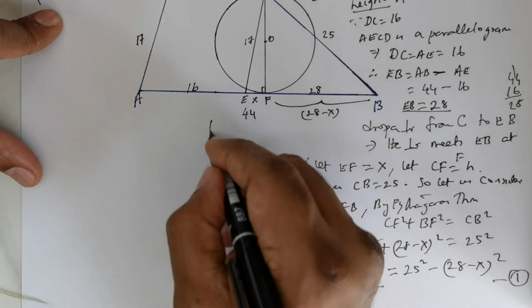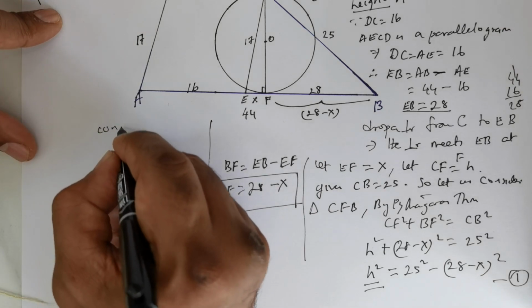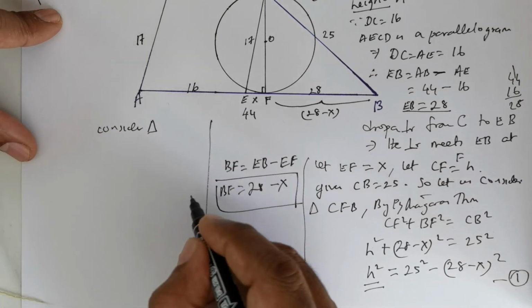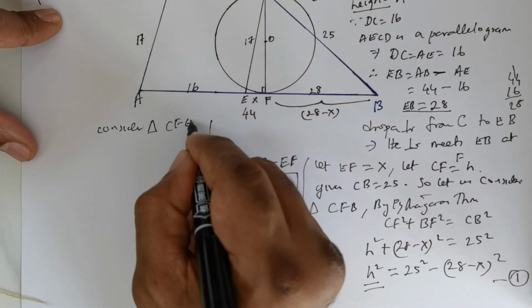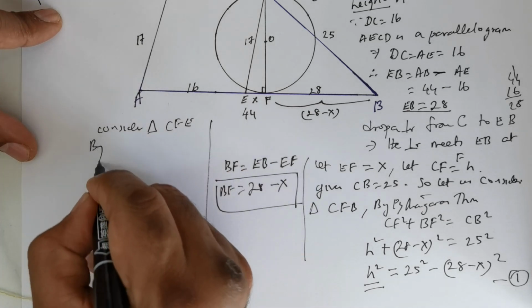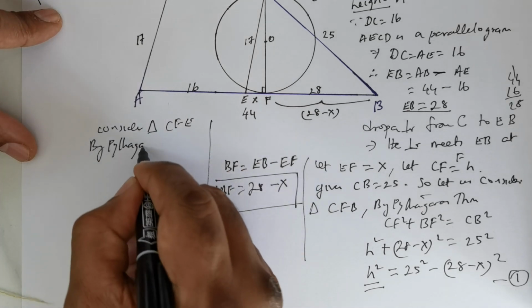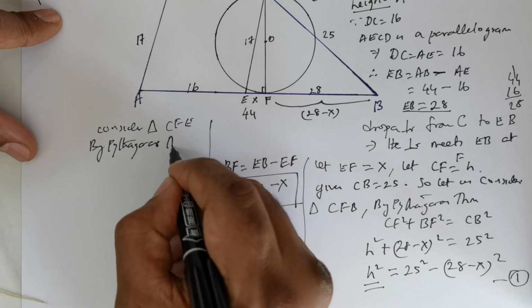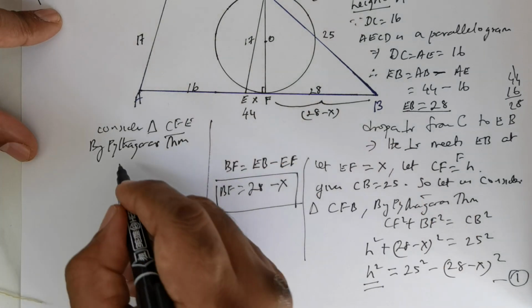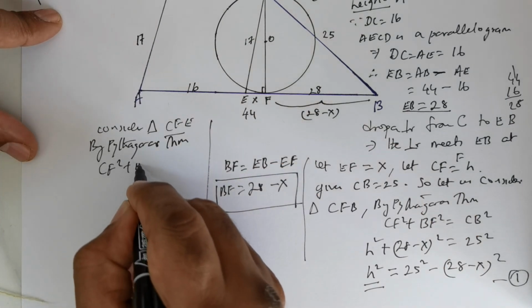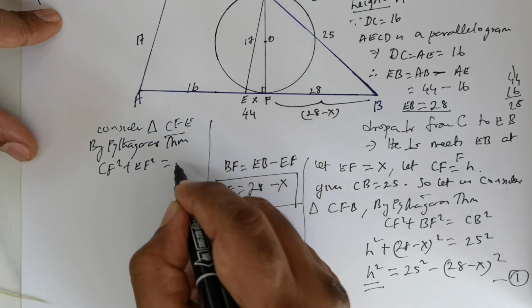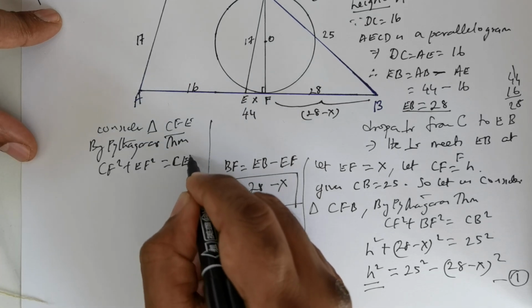Fine. So now what I'm going to do is consider triangle CFE. So by Pythagoras theorem, you get CF squared plus EF squared is equal to CE squared.